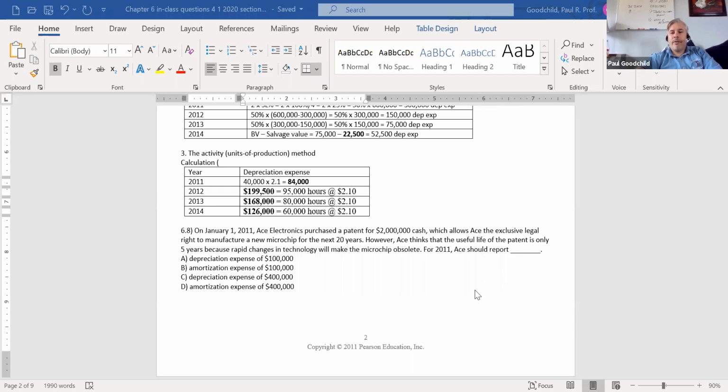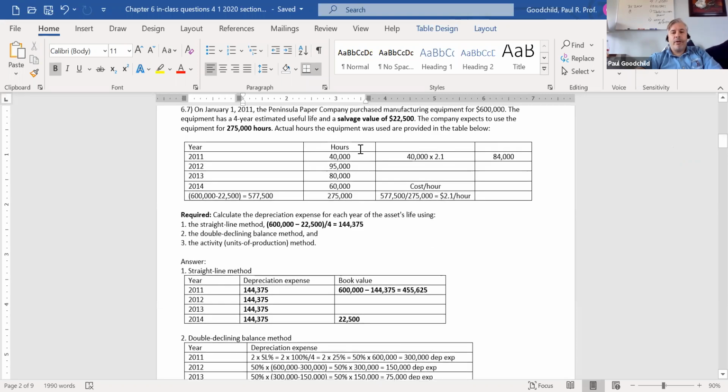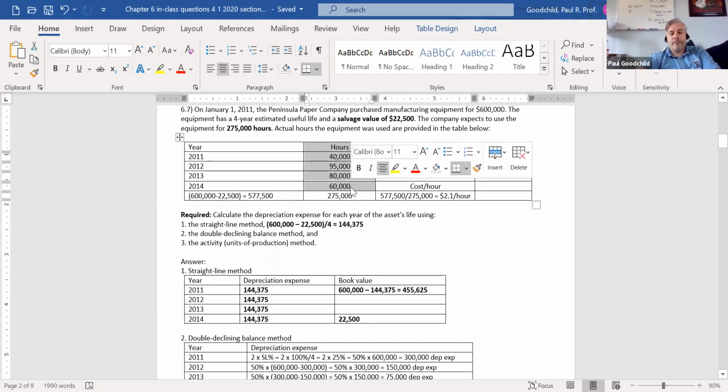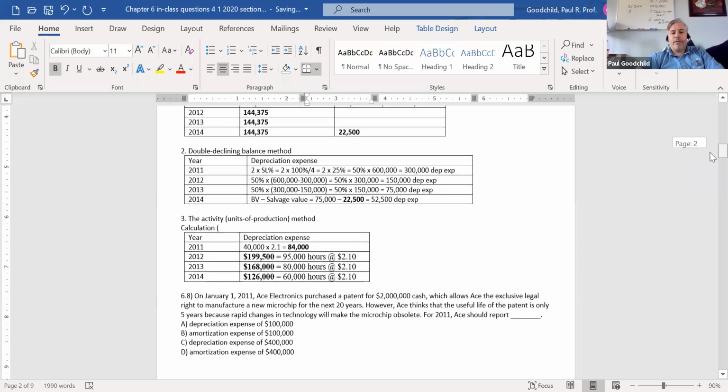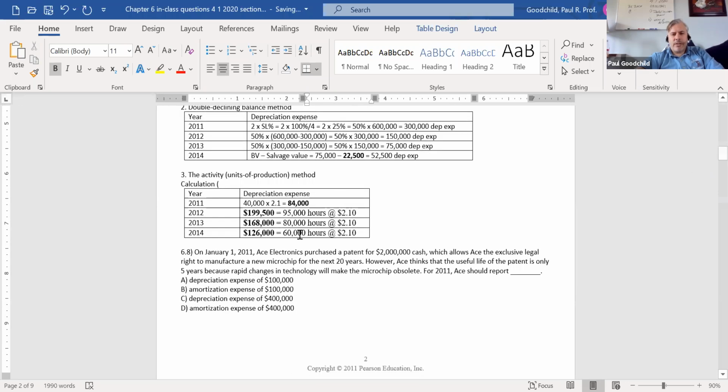Okay, so I'm just going to go back up. This is what we started with for activity here. And what I did was bring those calculations down here.